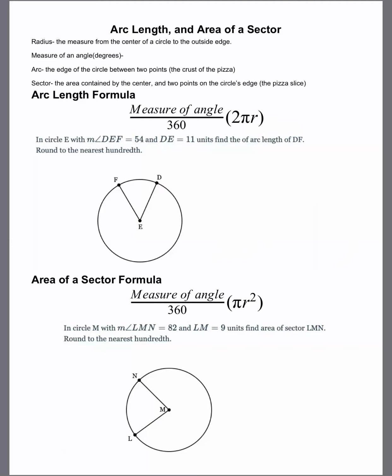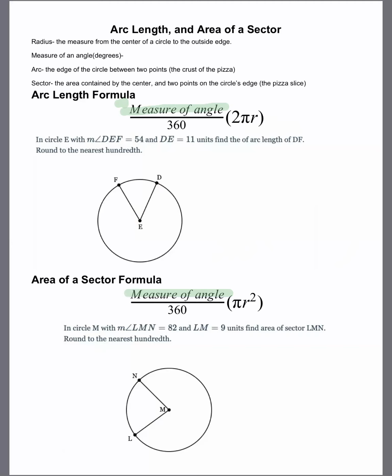I think I understand what you're asking. This right here, you're going to have the measurement divided by 360, and this one also has the measurement divided by 360. Do you see that? Yes.